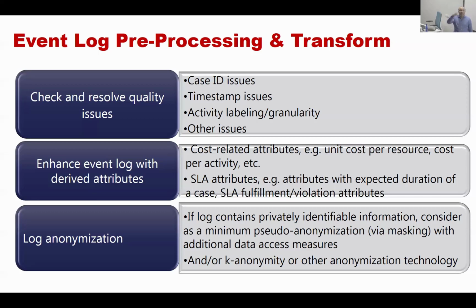As a minimum, you need to apply what we call data masking techniques to those activities, and only make them available to the analysts that need access. The data should only be analyzed for the purpose for which it was collected. You need to make sure that you have appropriate consent from the customers to be able to analyze their data using process mining.